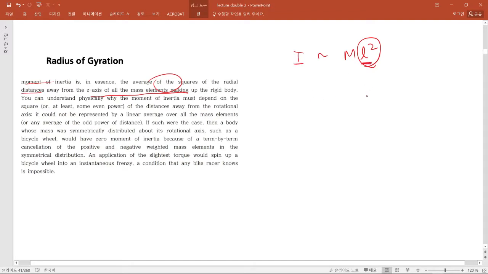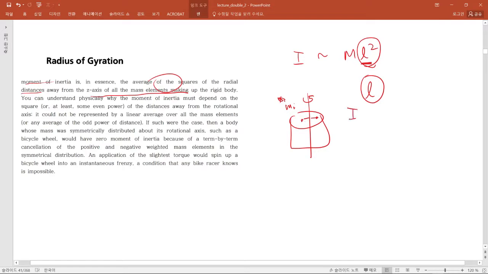For example, if the dependence was linear, then for a symmetric object like this, which has rotational symmetry, for every mass point you must always have a mass point at the mirror image.